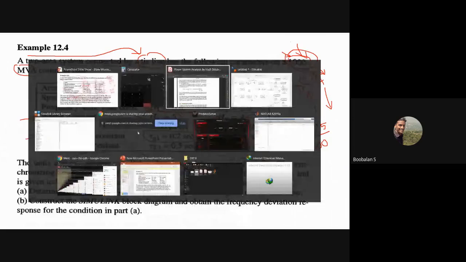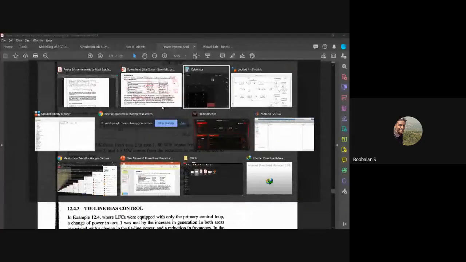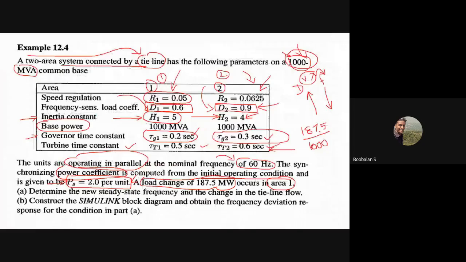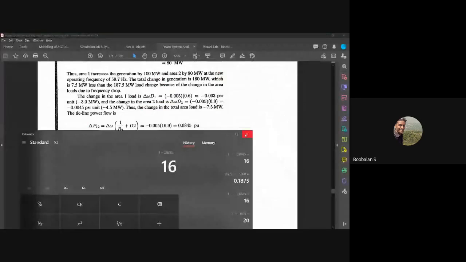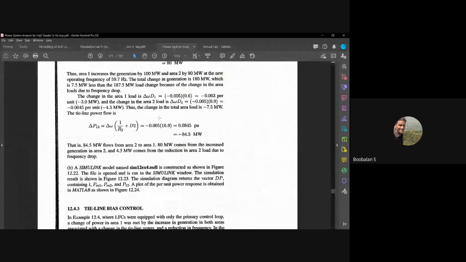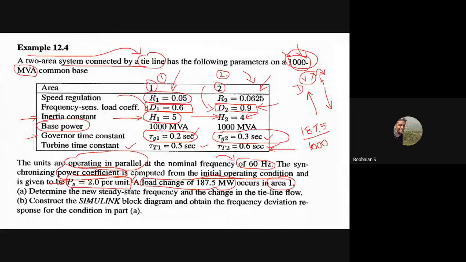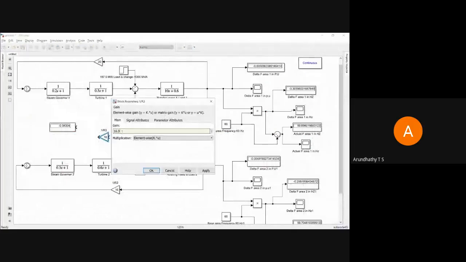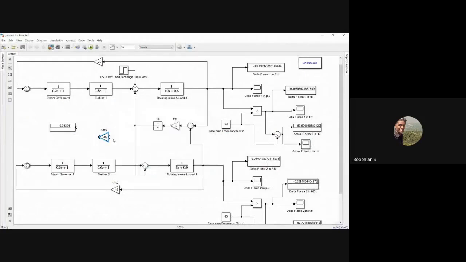D2 is now 0.9, so it is 16.9, right? So 16.9 into 0.05. So 16.9 into 0.05 gives 0.845.